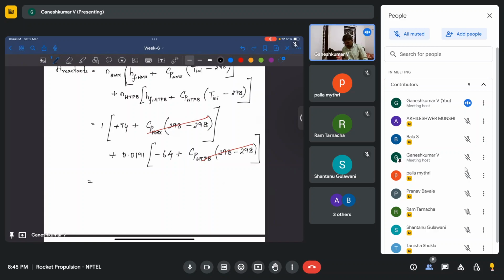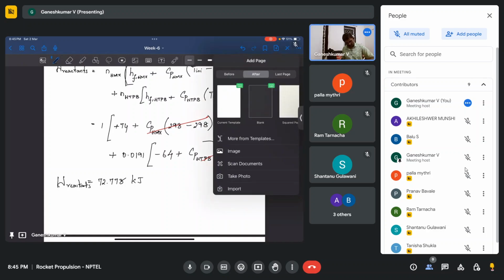If I calculate that, 74 plus 0.0191 times minus 64, I'm getting something like 72.778 kilojoules. This is the enthalpy of reactants.